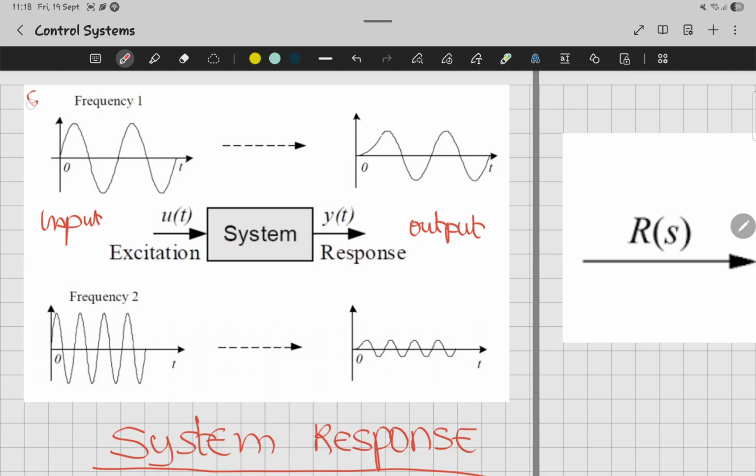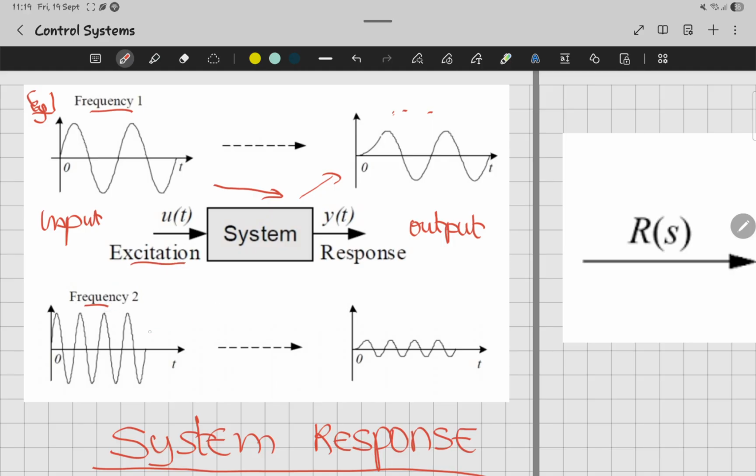Let's say, for example, these are the frequency 1 we get on the input. When the signal goes into the system, it's going to come out in this form, so we can identify the outputs of the system. Maybe let's take this other example, frequency 2.